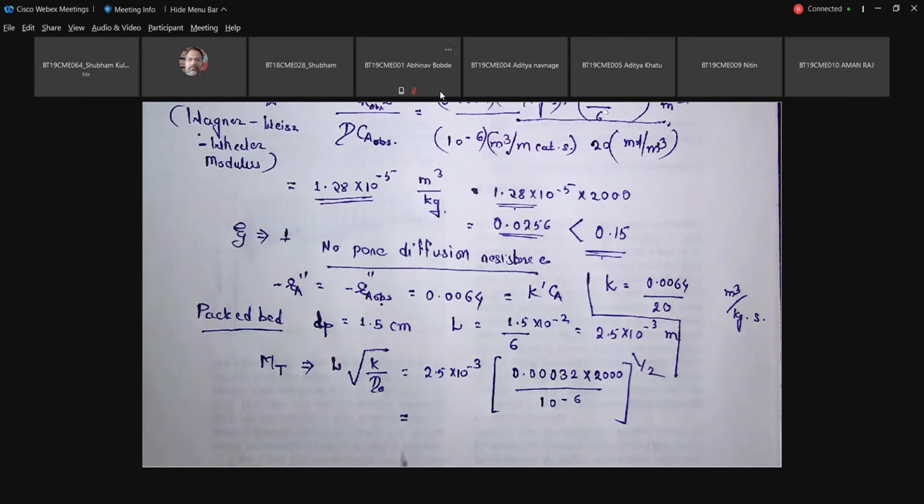Yes, this value is 2. How much? 2. Sure, it is 2.